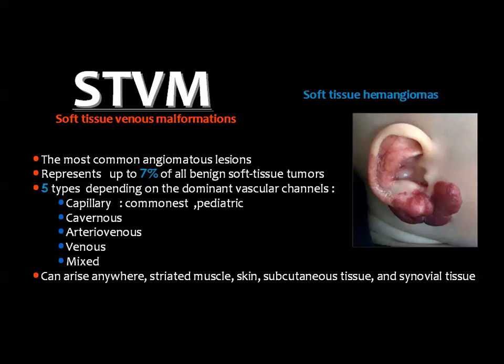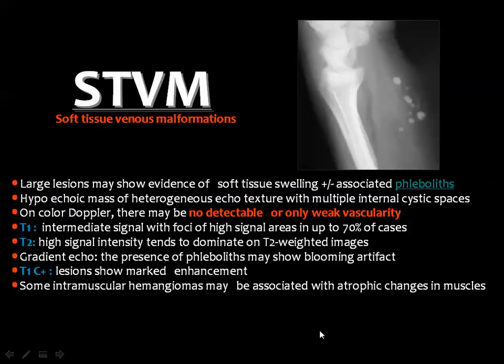The hemangioma is one of them. The hemangioma is of two types, the capillary seen in the pediatric age group, the cavernous seen in the adult age group. Sorry.